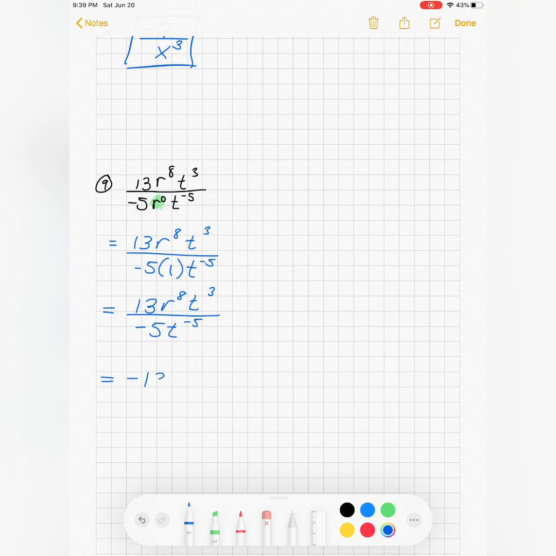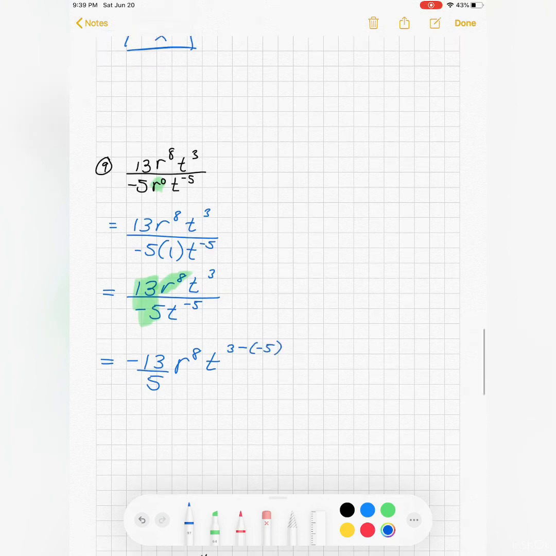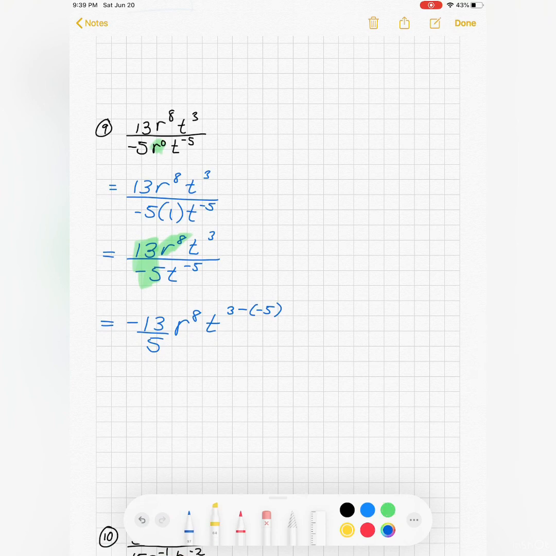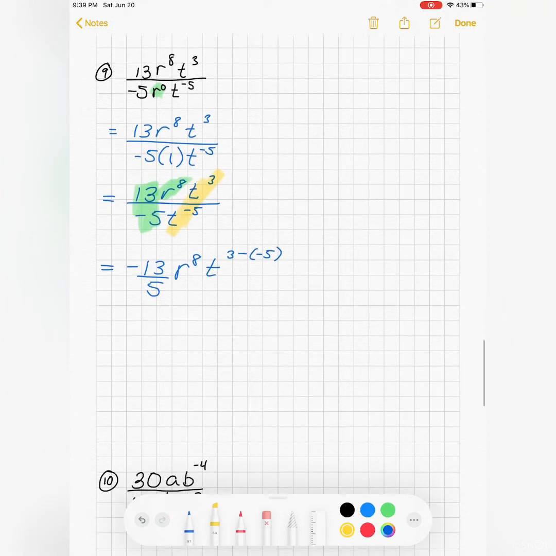So let's see, I'll have negative 13 fifths. And then r to the 8th, there's only that one r to deal with. The t's, though, I have to take that 3 and subtract negative 5.